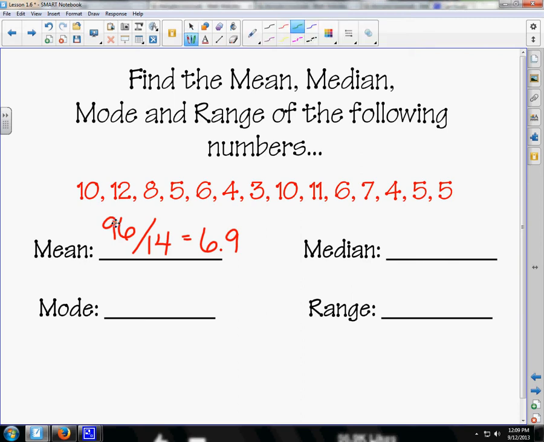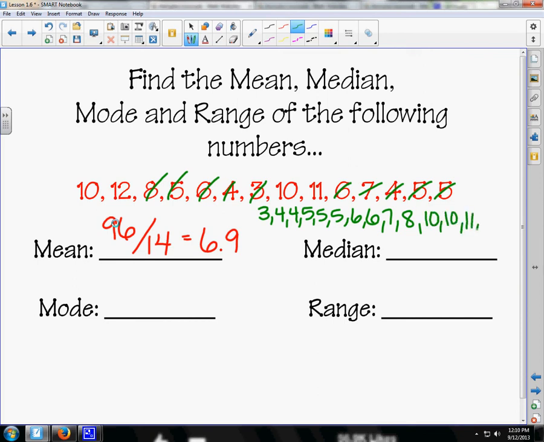The median, I need to rewrite them. So I'm going to rewrite them starting here. I'm going to start at 3, 4, another 4, 3 5s, 6, another 6, 7, 8, 2 10s, an 11, and a 12.